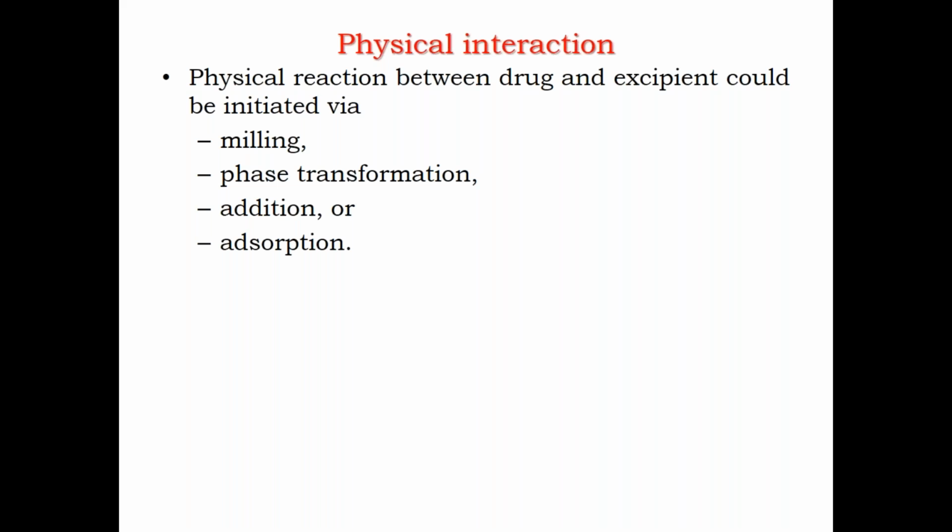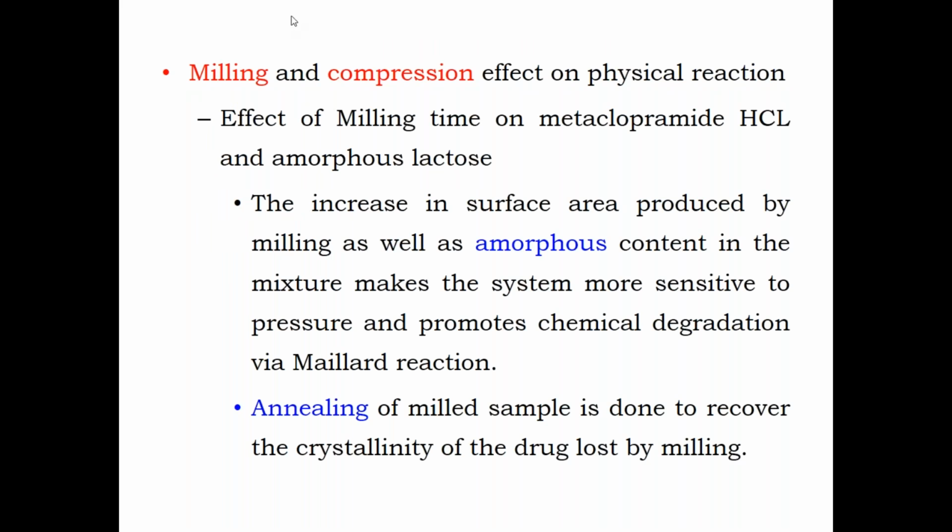When we carry out the interaction procedure in the laboratory, you may not find any interaction. But when the same thing is subjected to processing, it becomes mandatory for us to analyze the sample in between the processing to make sure that no drug excipient interaction is happening. So the processing factors also result in physical interaction, and I discussed two processing factors.